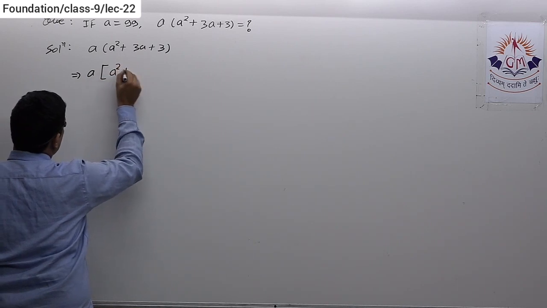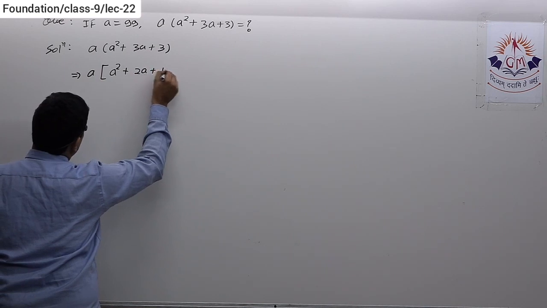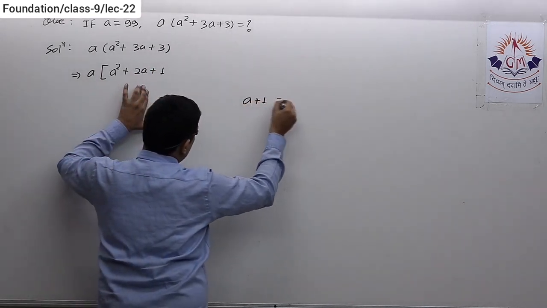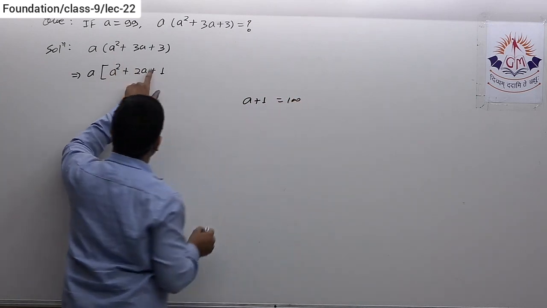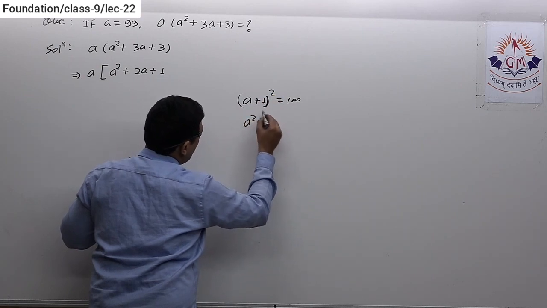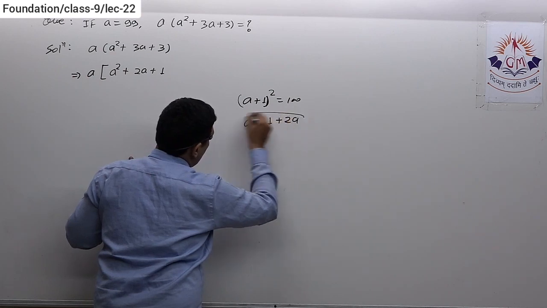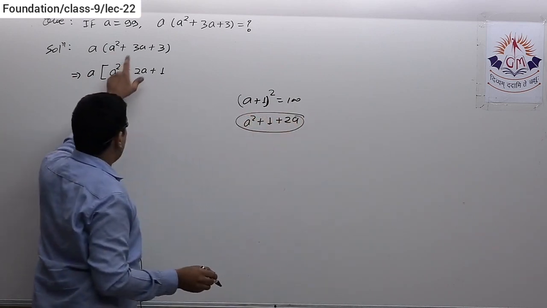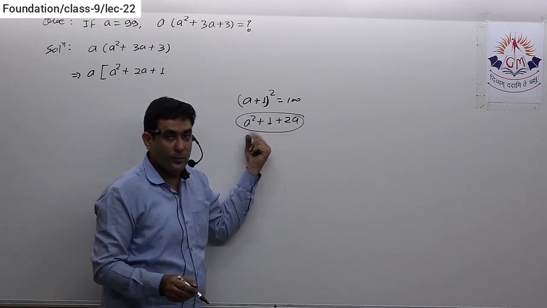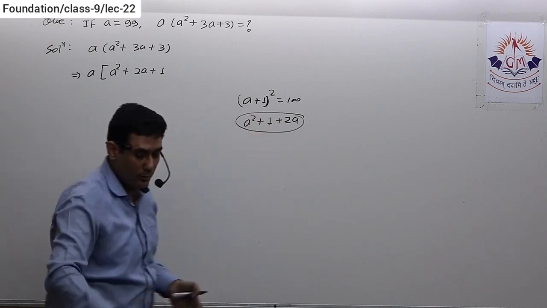A square, see, instead of 3A I am writing 2A plus A. I know that A plus 1 is definitely 100. So here I want the square of this, and the square is A square plus 1 plus 2A. Anyhow I am going to write the expression that contains A square plus 2A plus 1, because that can be written in the form of A plus 1 whole square.